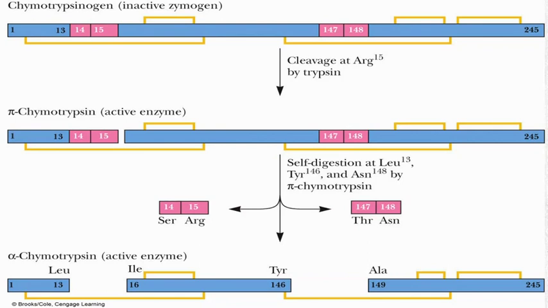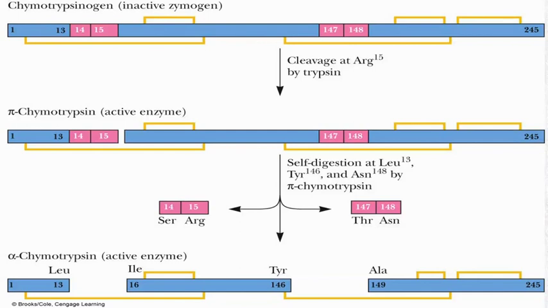After that, there is also a self-digestion, so that you remove threonine at position 147 and asparagine at position 148. They will also be removed from the pi chymotrypsin.